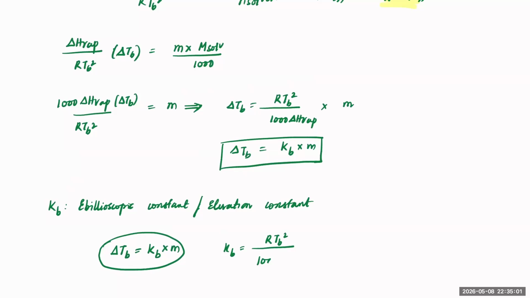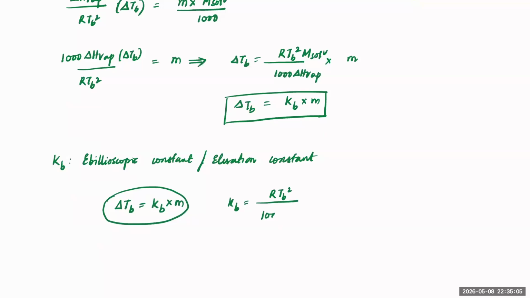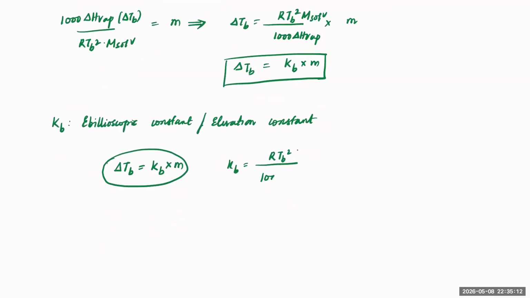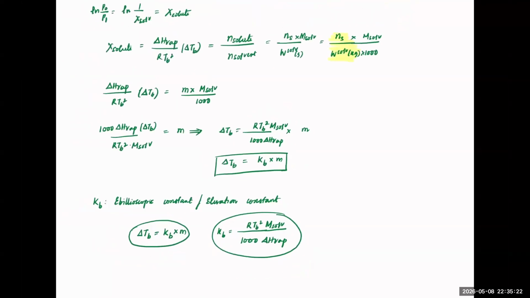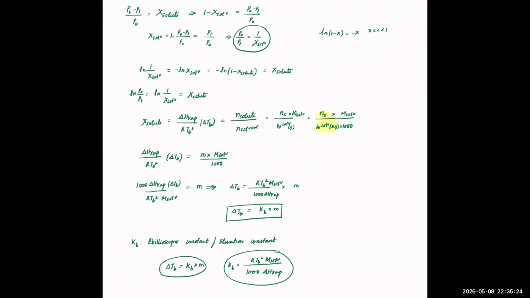Where did M go? Yeah, M is here. Sorry, M of solvent, the molar mass of the solvent, divided by 1000 times delta H of vaporization, everybody. Okay, so this is how you derive the formula where the Kb value can be evaluated.